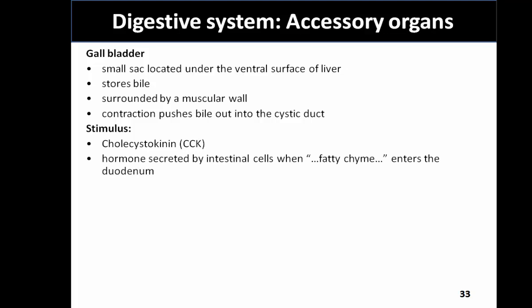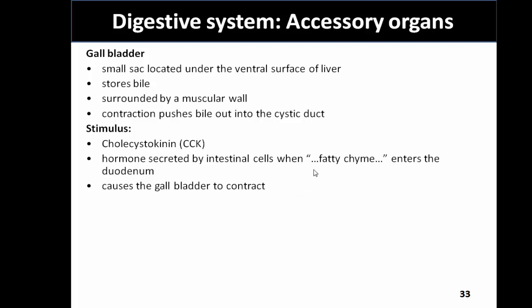Cholecystokinin is a hormone produced by the cells in the small intestine when lipids enter the proximal part of the small intestine, the duodenum. Fatty chyme is a trigger for intestinal cells to produce cholecystokinin, which is a very strong and potent stimulus for the smooth muscle of the gallbladder to contract.